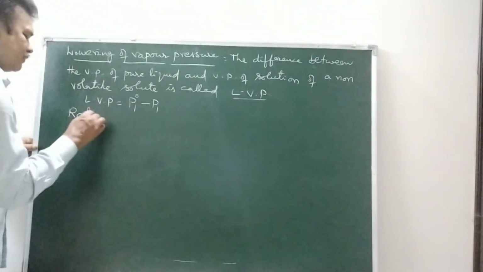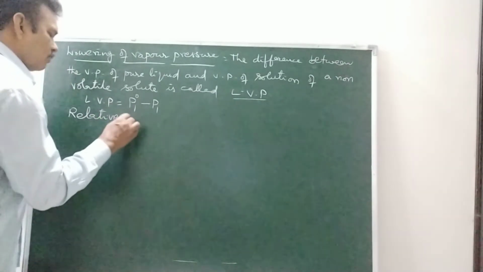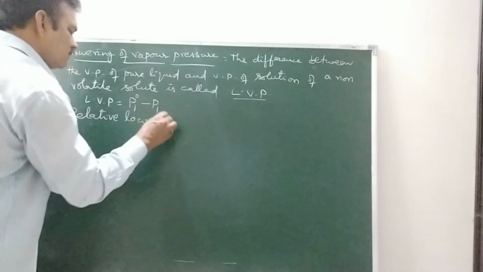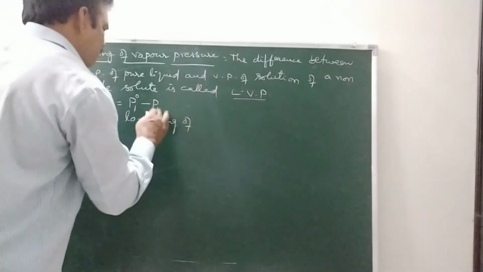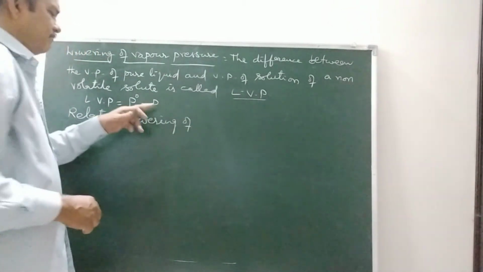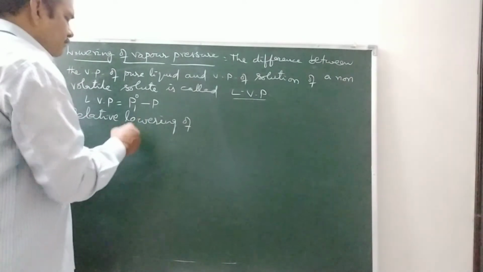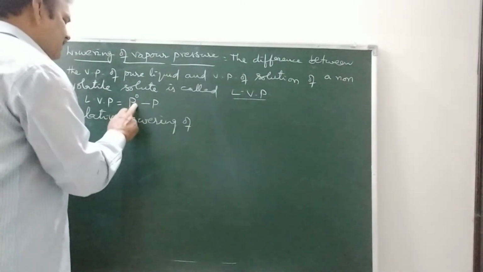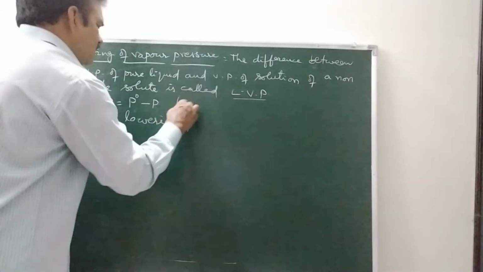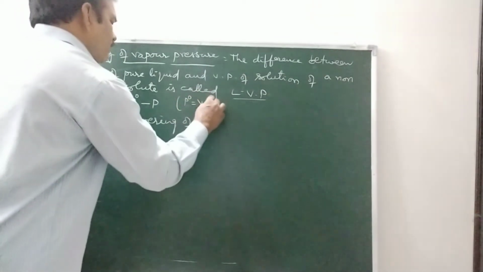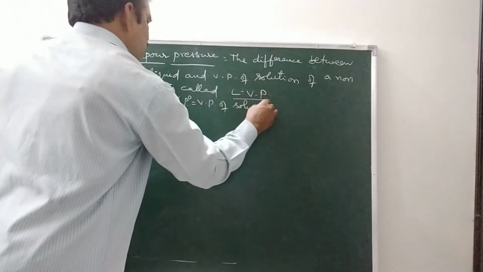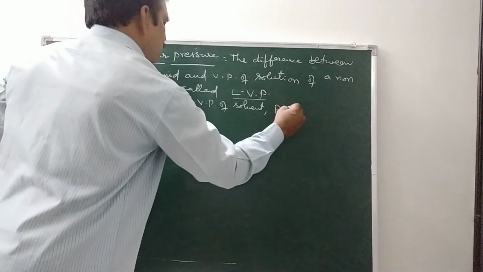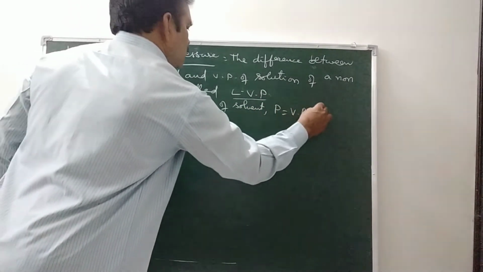So, relative lowering of vapor pressure. Take P naught as the vapor pressure of a pure solvent, and P as the vapor pressure of a solution.